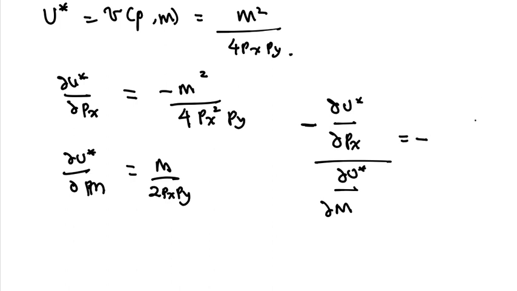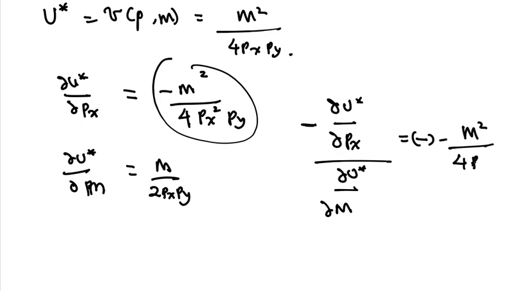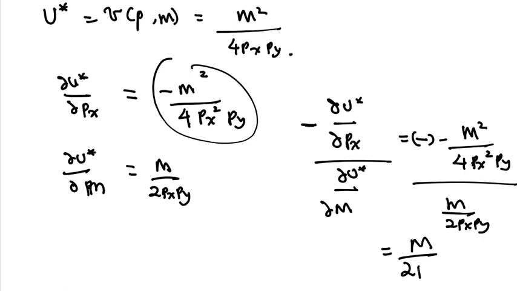And then we have minus again, because this one is the answer that has minus, m squared over 4 px squared py, over m over 2 px py. So when you solve it, you're going to get this m over 2 px py. So what is this? This is the x star.